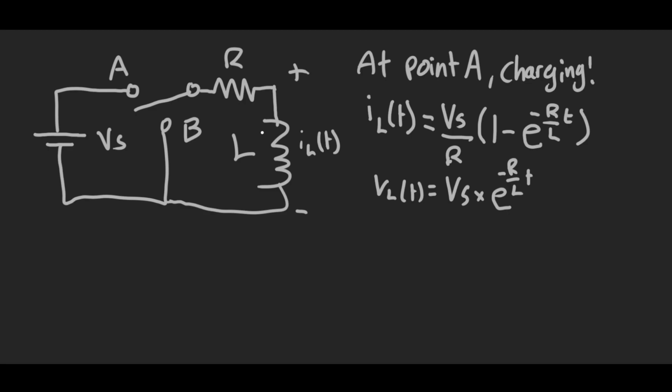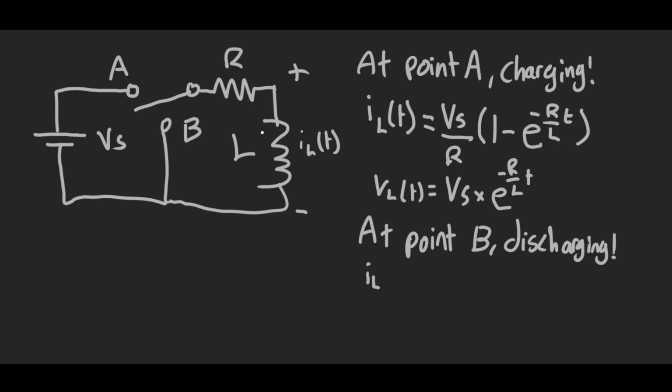Now, let's consider when the switch connects to point B. At point B, the inductor is now discharging. The current formula for when the inductor discharges is modeled here. It's Vs, voltage source, divided by resistance once again to get the current.